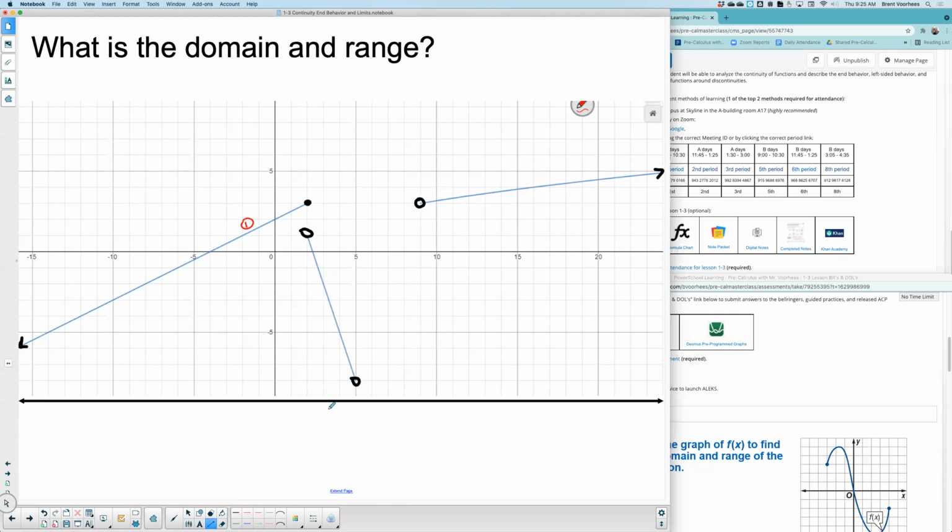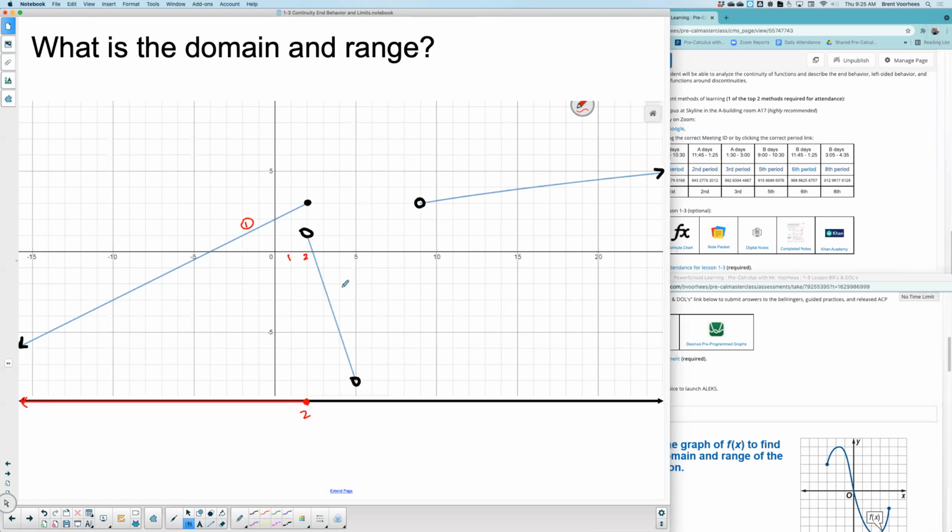Solid dot at, let's be careful. Each one of these are counting different. This is 5. So what do you think they're counting by? They're counting by 1. So this would be at 2. So at 2, we have a solid dot. Over here at -16, we have this arrow and it's connected the whole way. So there's our domain. Piece number 1.